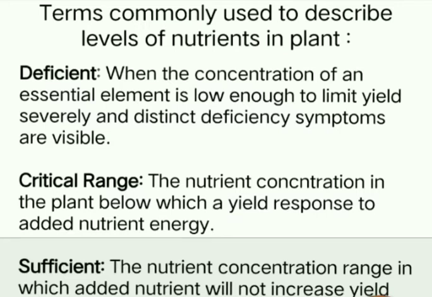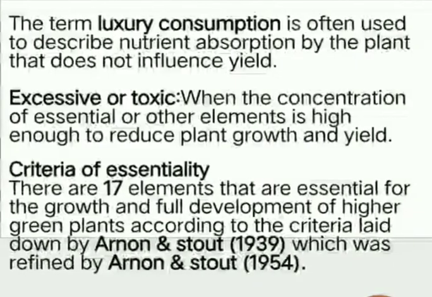Means if an element is in sufficient quantity and we add more nutrient, that extra nutrient will not be used by the plants in growth or development or increasing yield, but that extra nutrient will be more available in the soil, so it will increase nutrient concentration in plant as well as in soil.